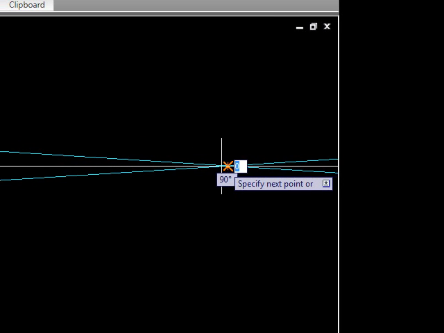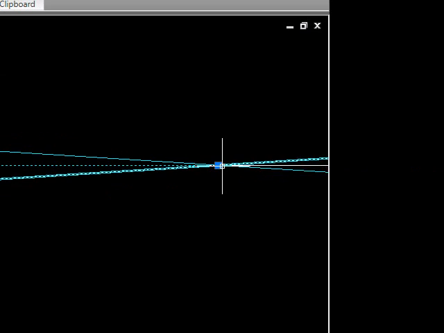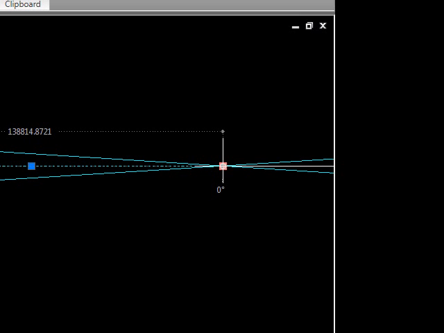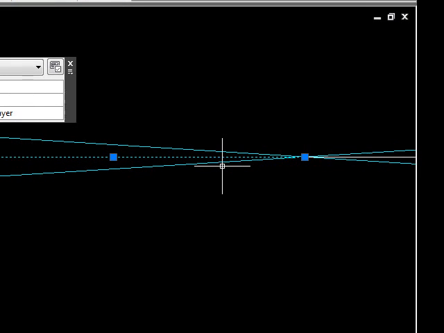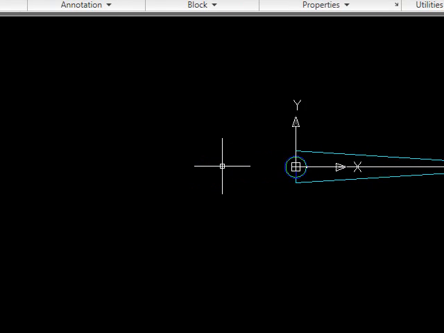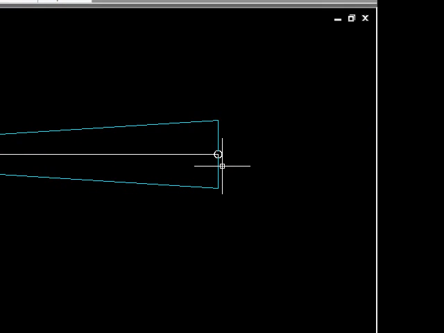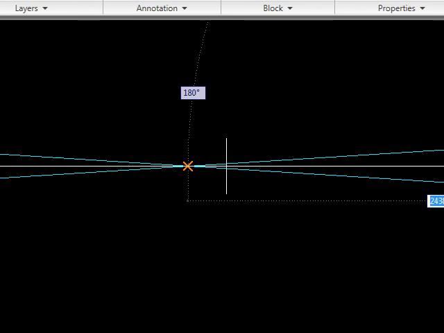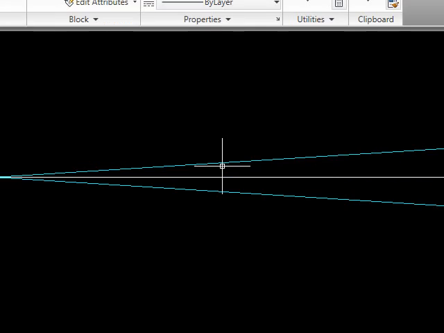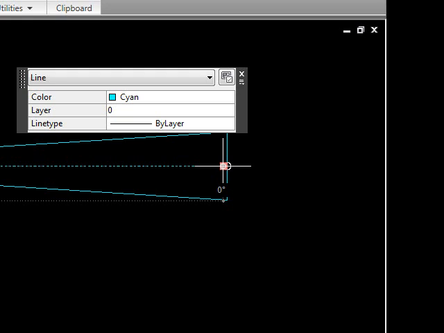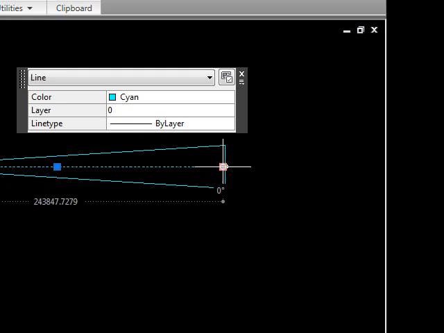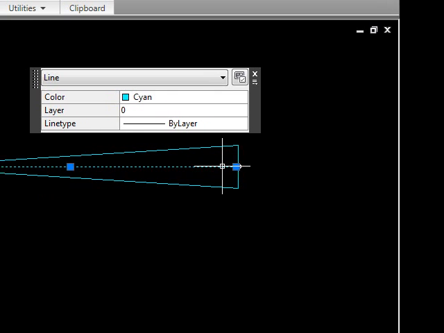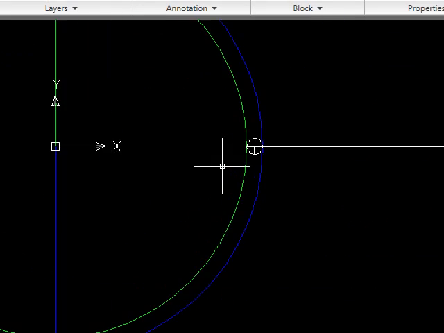That's from the edge of the Earth to the center point, which is a distance of 138,814. And on the other side as well, 243,847.